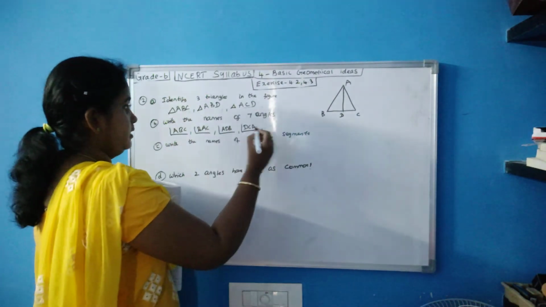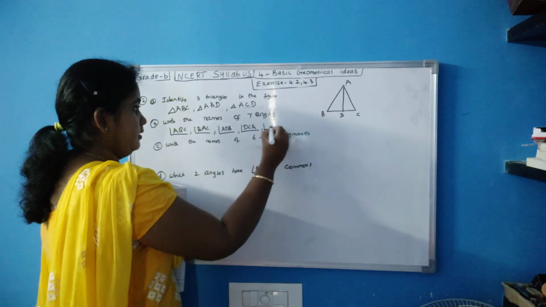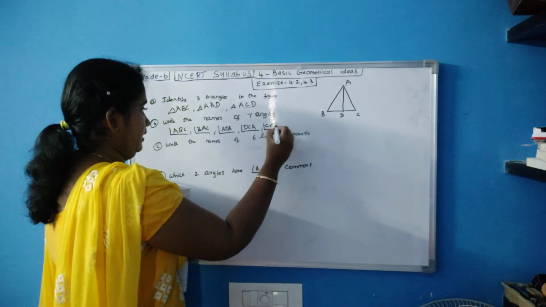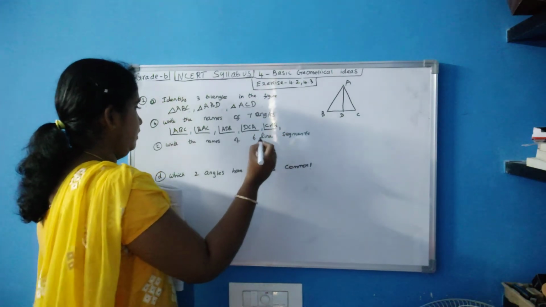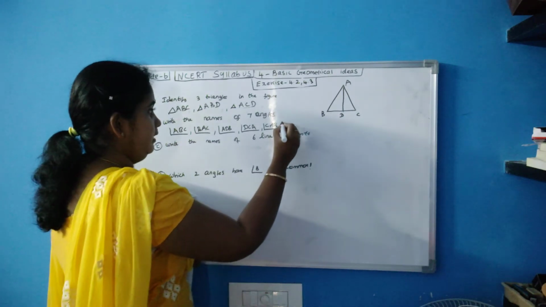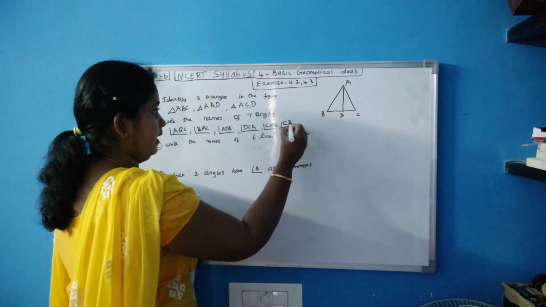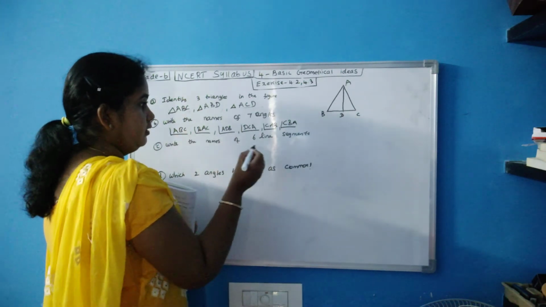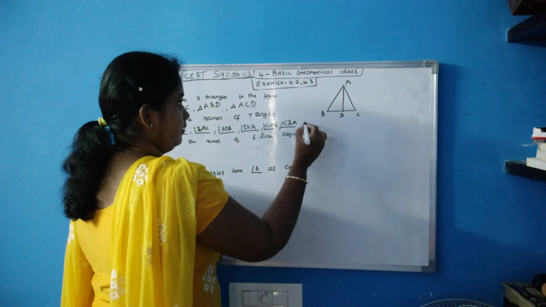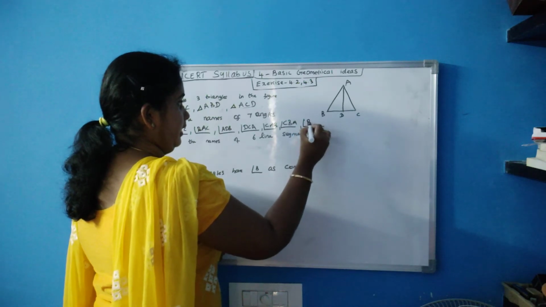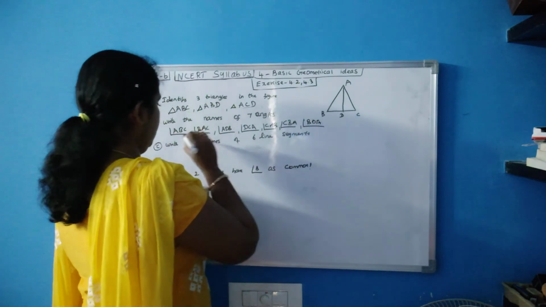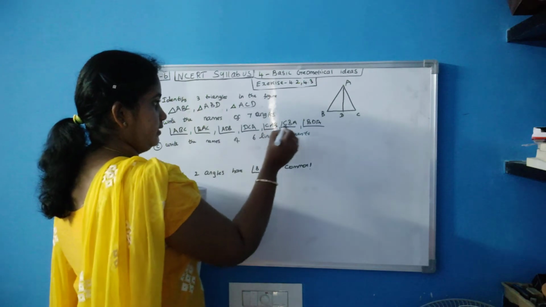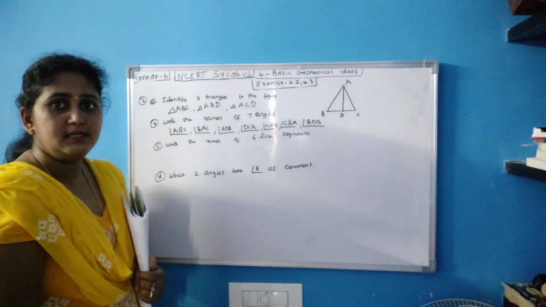CAB. Can you write? Reverse of this. CAB. That is one angle. Angle A here. Then CBA. That is also one angle. Reverse of this. Then BDA. How much am I getting? 1, 2, 3, 4, 5, 6, 7. So these are the 7 angles.